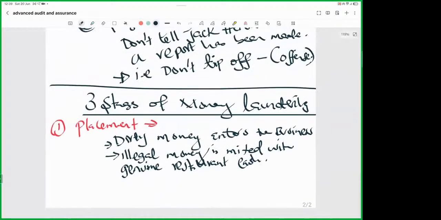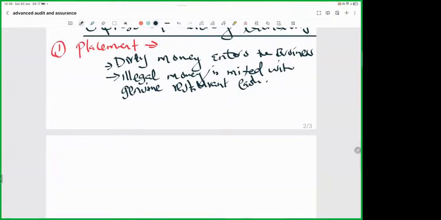So they have placed this dirty money with you. From there, what do they do? They form various layers to hide the illegal placements. They do what we call layering.